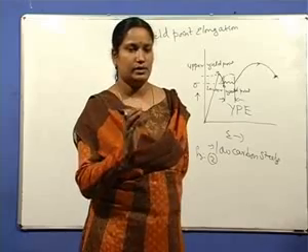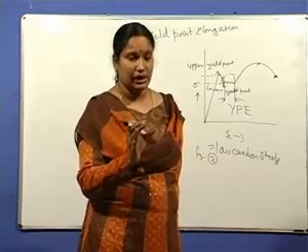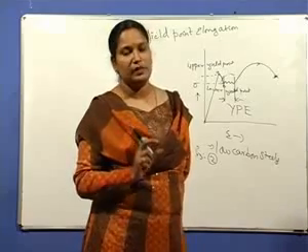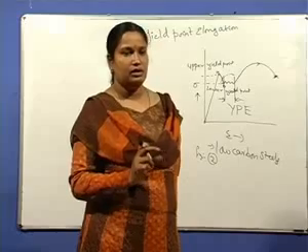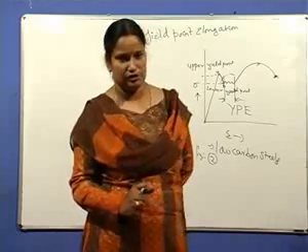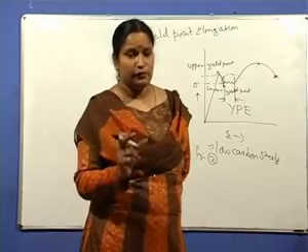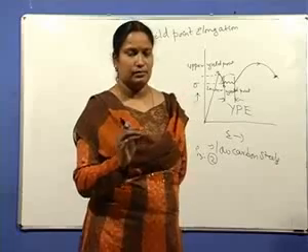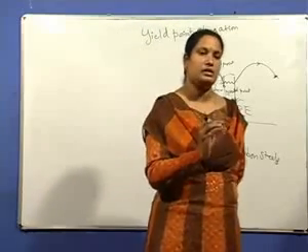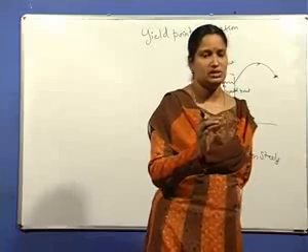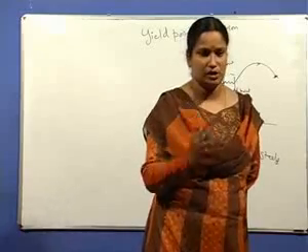If the solute atom is slightly larger than the solvent atom, they occupy the positions below the edge dislocations. If it is slightly smaller than the solvent atom, they occupy the positions above the edge dislocations.